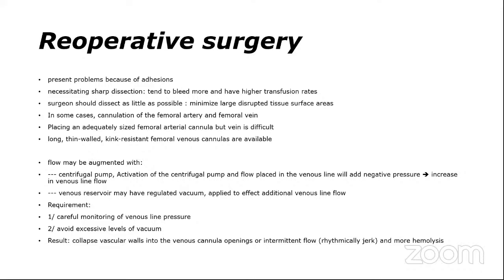This will block the venous line or venous flow, or cause intermittent flow or rhythmical jerk sometimes, which can also increase the hemolysis. This is before we even start the cardiopulmonary bypass; we have to consider all these.